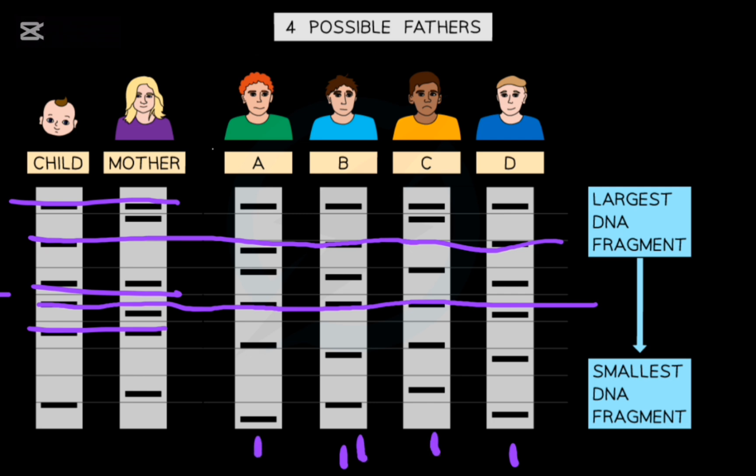A, B, and C match the child, and the last bar matches with B. If we look properly down here, which of the men matched with the child the most out of all of these men? As we can clearly see, it's B, meaning that B is the father of this child.